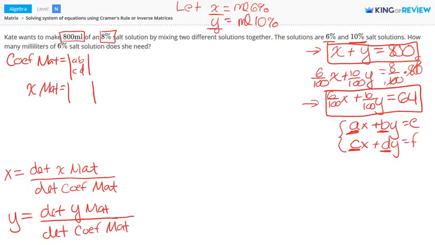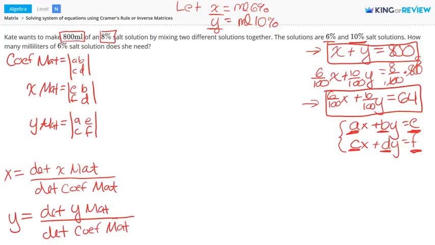The first entries here are E and F. And if you look over here, E and F are the constants of our two linear equations. And then the other entries will be B and D. And then the y matrix is equal to A, C, E, and F. So this is how we will set up our matrices.